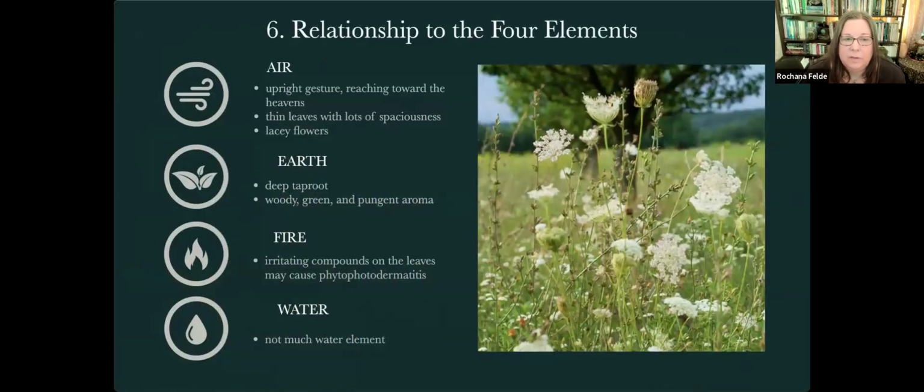And with the four elements, so we talk about plants having the four elements represented, in all humans and in all plants, but we see a dominance of one or more of the elements when we look at a plant.